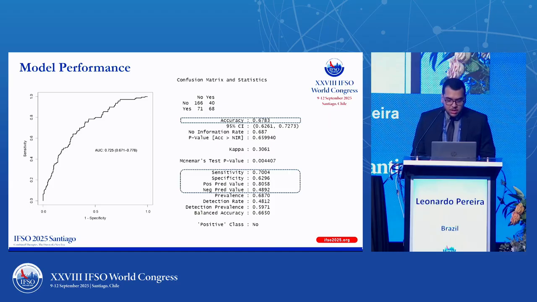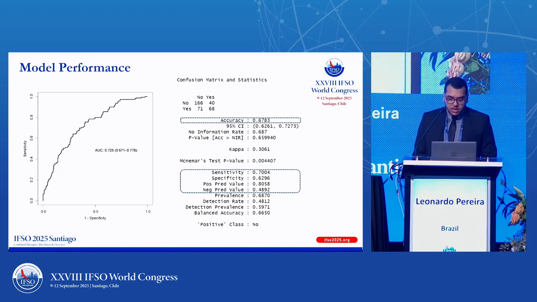When we tested its diagnostic performance, we found sensitivity around 70%, specificity close to 63%, and a positive predictive value of 80%, which is clinically useful. That means when the model predicts fibrosis, it's usually right. This is especially important when deciding who should go to biopsy.